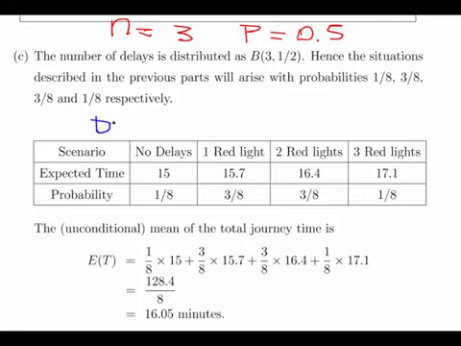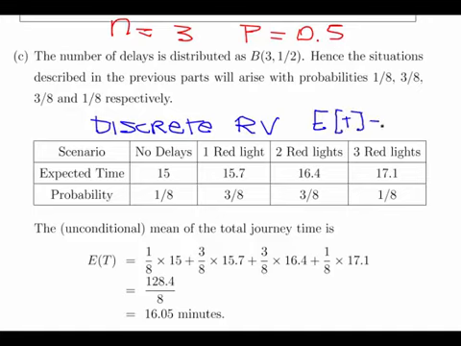This actually turns into a discrete random variable question. The expected value of t is essentially the sum of t times the probability of that t.